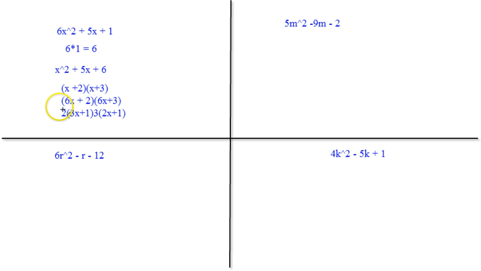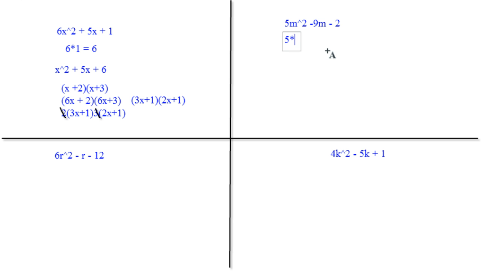And we cross out the 2 and 3 because they don't exist anymore, and you'll understand why later. They actually disappear. There's actually a good mathematical reason why. Alright, and so we're left with 3x plus 1, 2x plus 1, and voila, if you check that with your FOIL, you should see it work the same way. Okay, I'm trying to get through as much of this as possible.